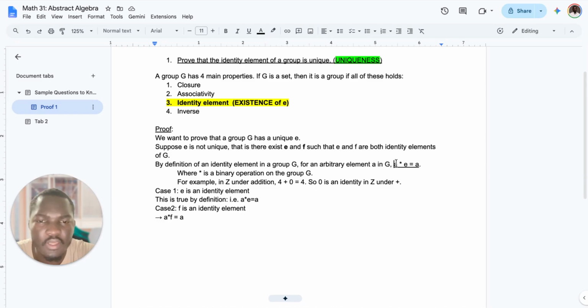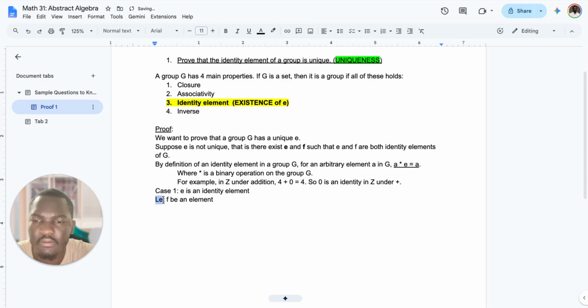Instead of A, we start from here: let A equal F. Let F be an element.